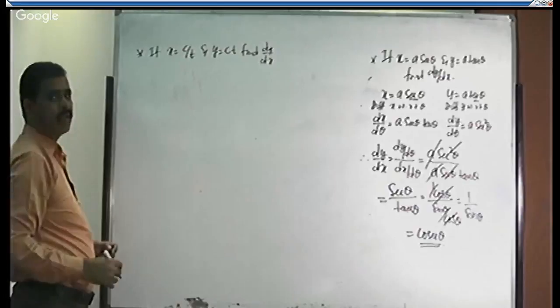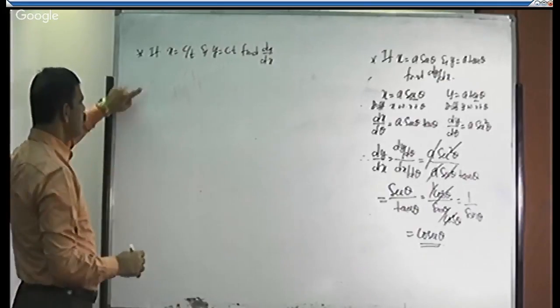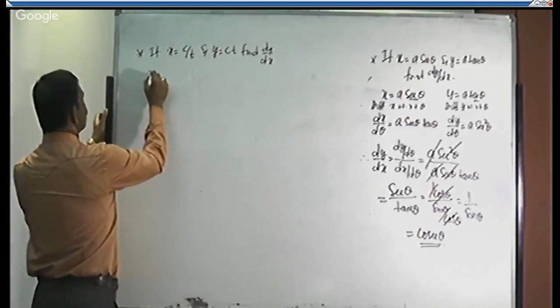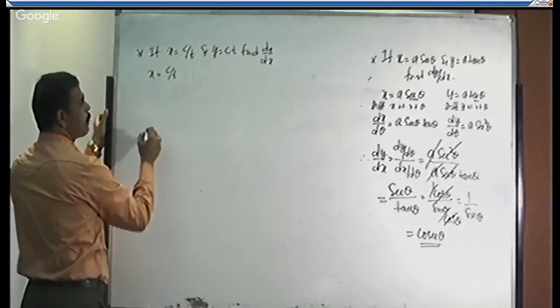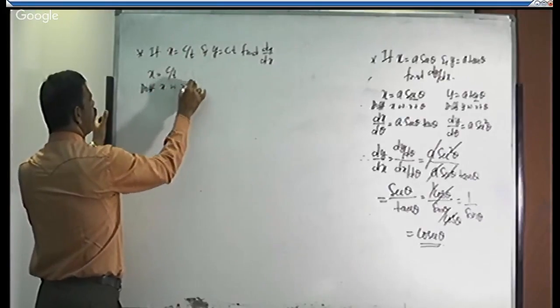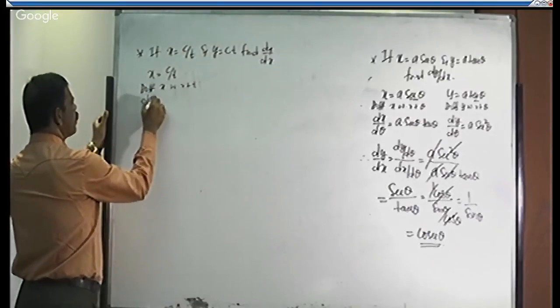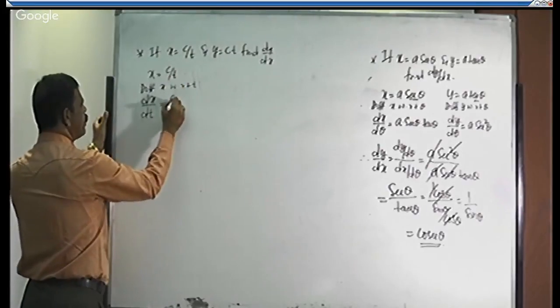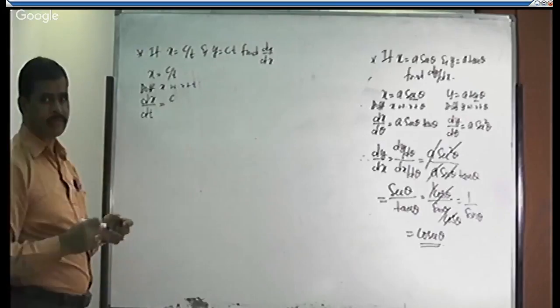Here both x and y are given in t's, right? They are functions of t only. Take x is c by t. Differentiate x with respect to t. So we get dx by dt is c into the differentiation of 1 by t.